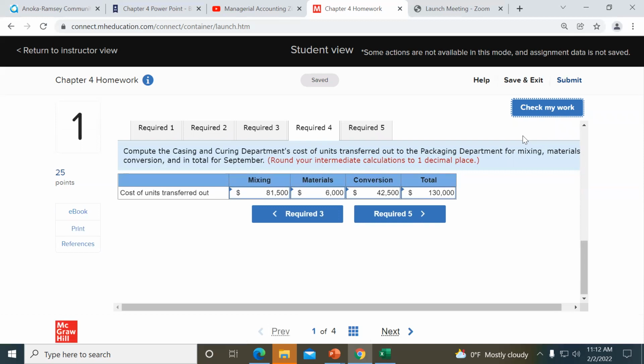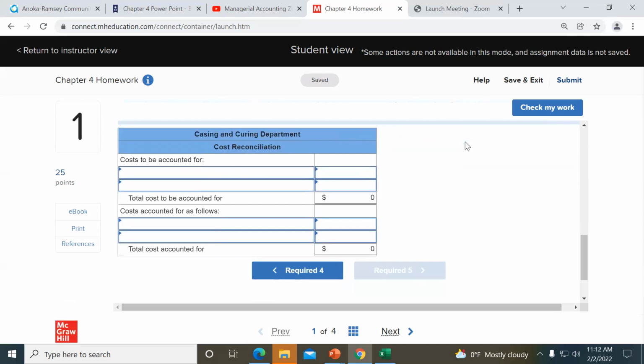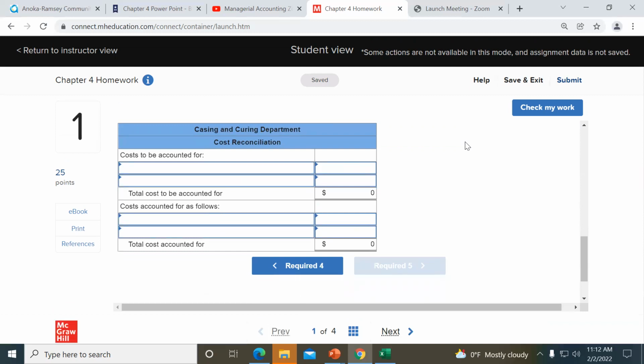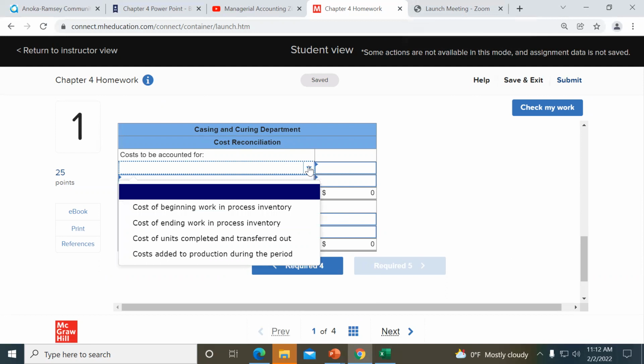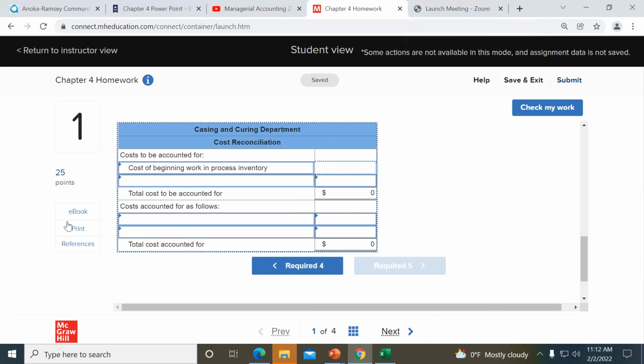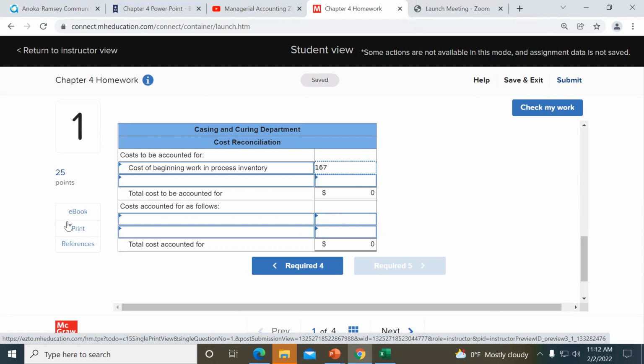Am I losing you or is it making sense? Is it making sense? Number 5. Cost reconciliation. Beginning of work in process inventory is 1670, or actually 2365, right?